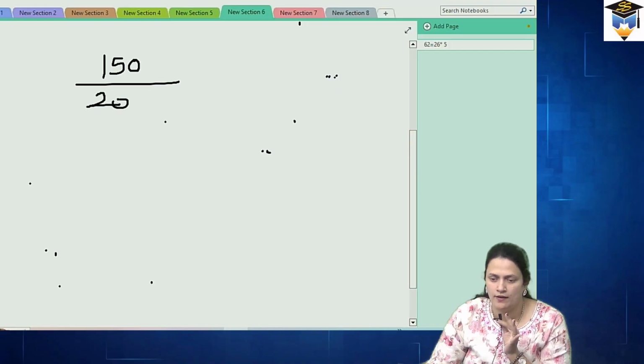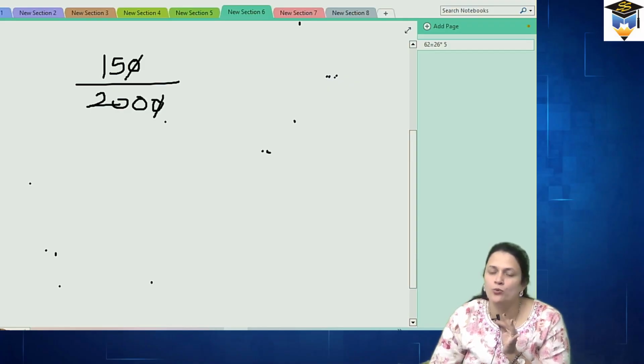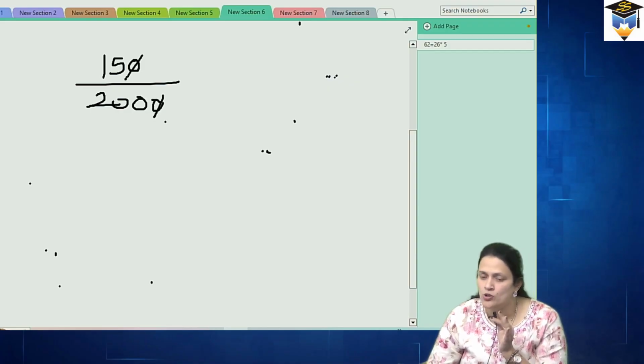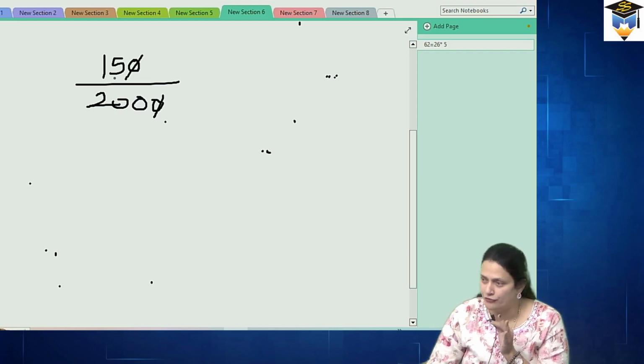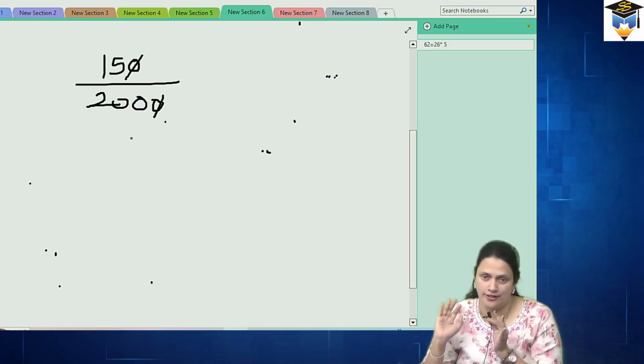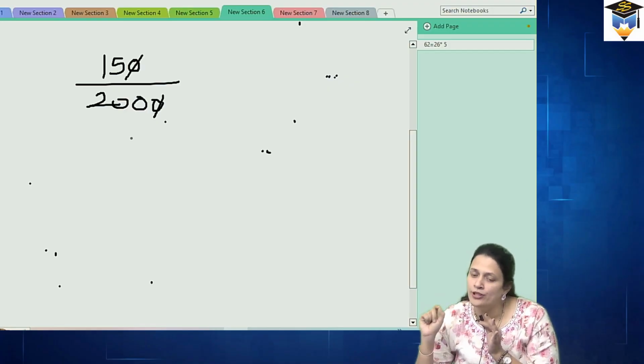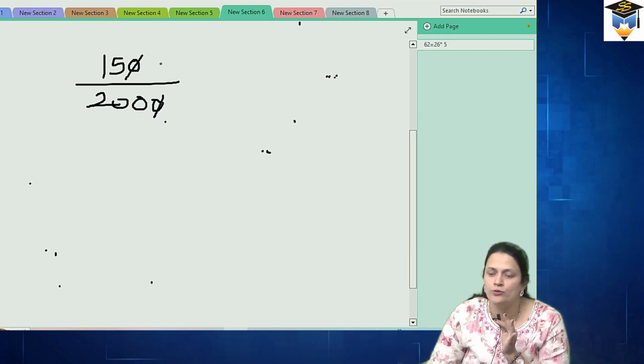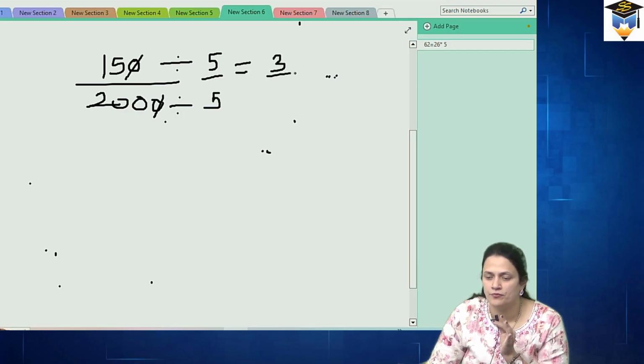Okay, always remember that the ratio has to be converted to its lowest form. So lowest form means what? Now in the numerator there is 15 and in the denominator there is 200. So I am going to divide both numerator and denominator by 5.